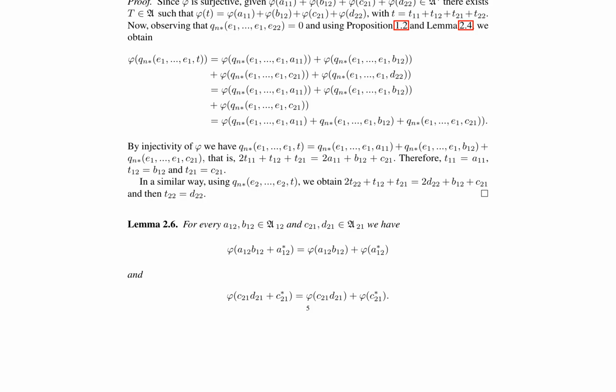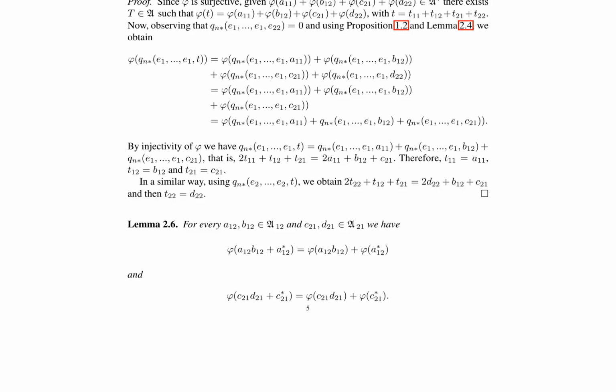We then apply proposition 1.2 and lemma 2.4 to obtain phi(Qn * operator (E1, T)) equals phi(Qn * operator (E1, A11)) plus phi(Qn * operator (E1, B12)) plus phi(Qn * operator (E1, C21)) plus phi(Qn * operator (E1, D22)).